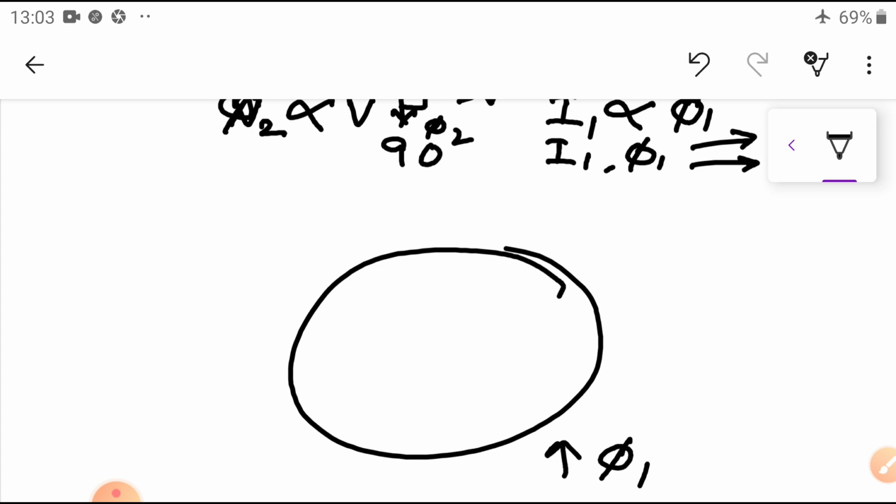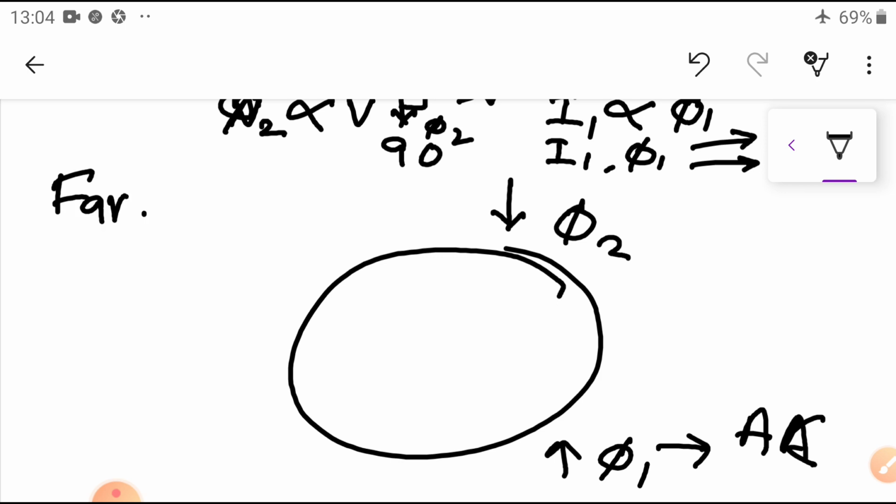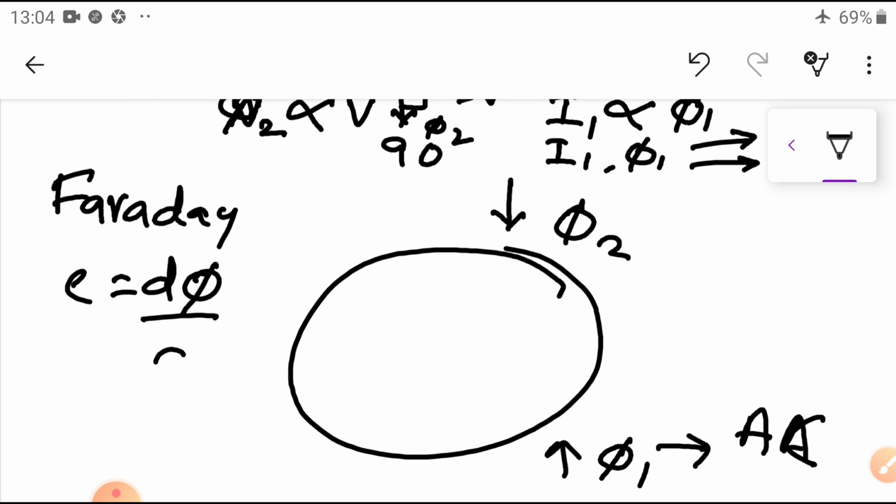At the same time, flux phi 2 also comes downwards and links with this one. And this flux is alternating in nature because it is AC. Then due to the AC, the flux changes. As per Faraday's laws of electromagnetic induction, what will happen? E is equal to d phi by dt.